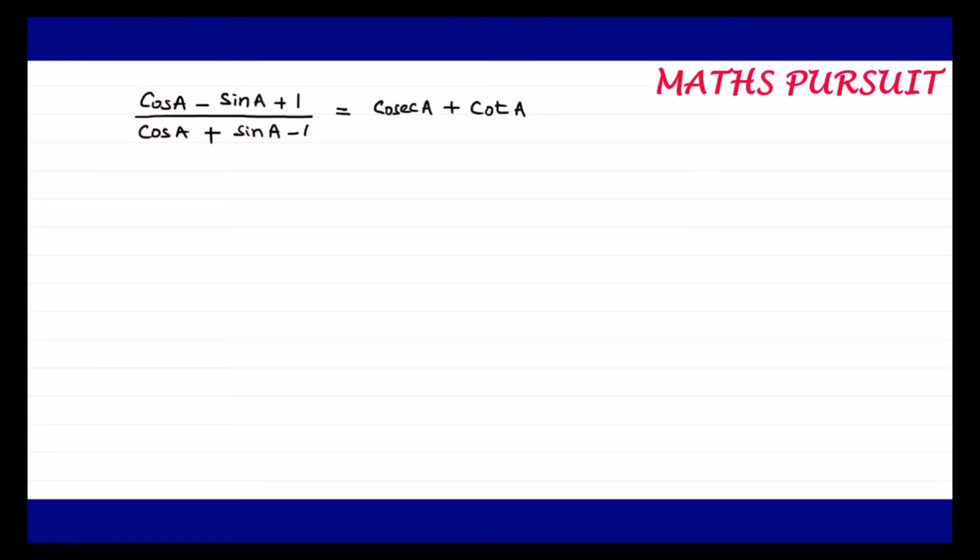So we will start our calculation from the left hand side, and we will reach a final point where the left hand side of the calculation ends up as the right hand side.